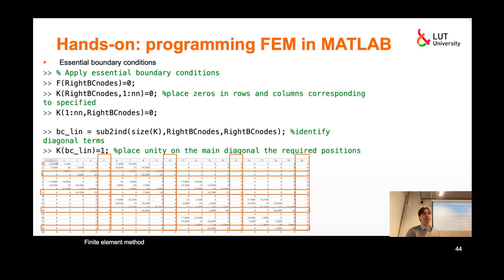Okay, one easy thing that we also need to add, we need to apply essential boundary conditions. We impose them manually here. So we use this identification vector for nodes subject to this right boundary condition on the right side of our domain.